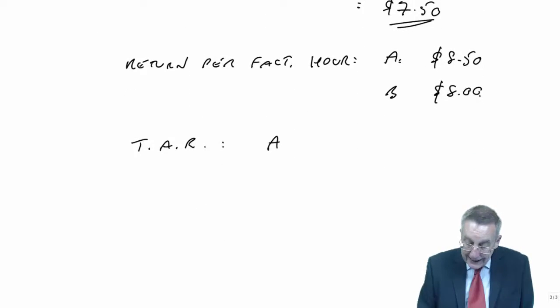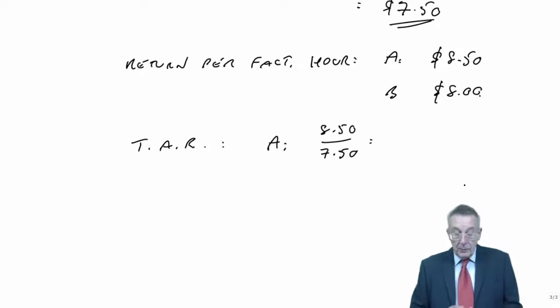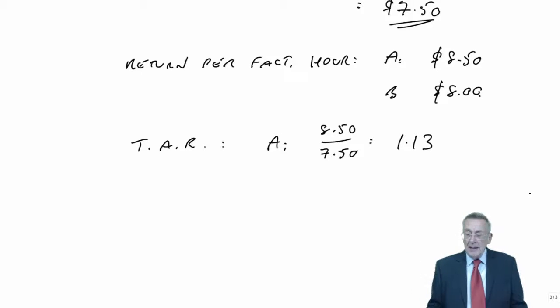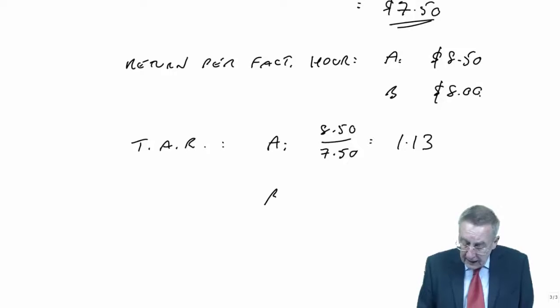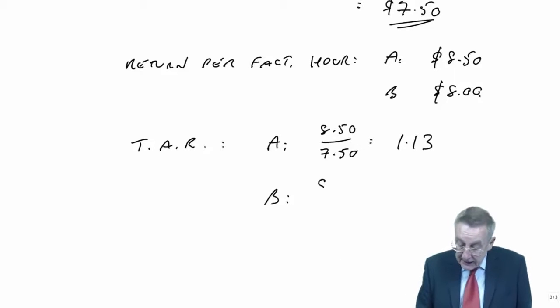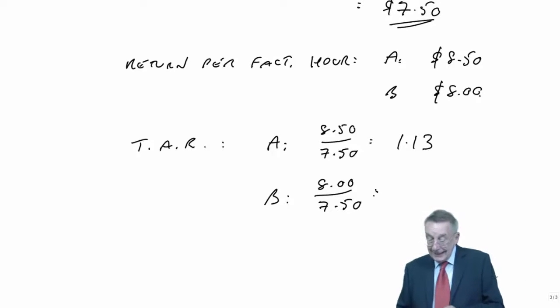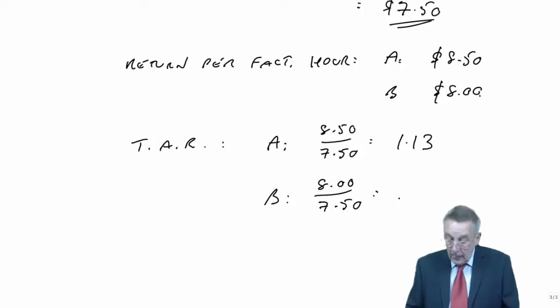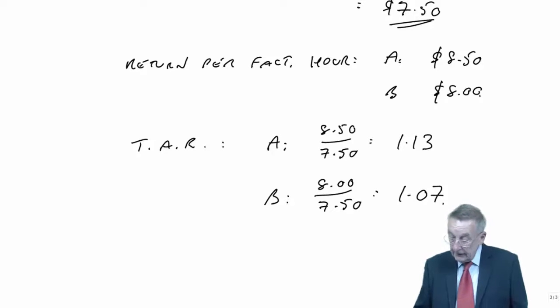So for product A, $8.50 over cost per factory hour of $7.50 is what? I get 1.13, and normally it's 2 decimal places unless the question specifies different. For B, $8 over $7.50, which is 1.07.